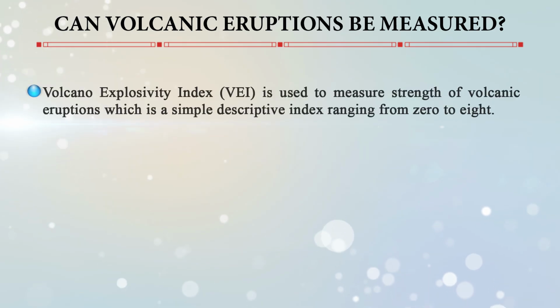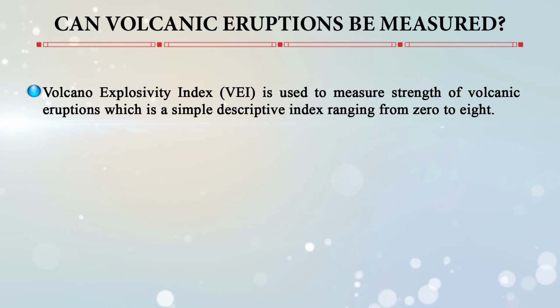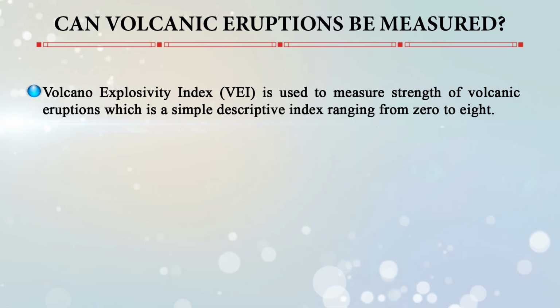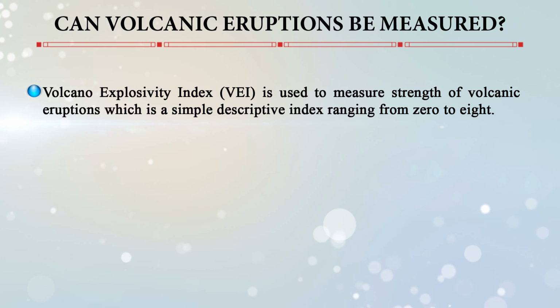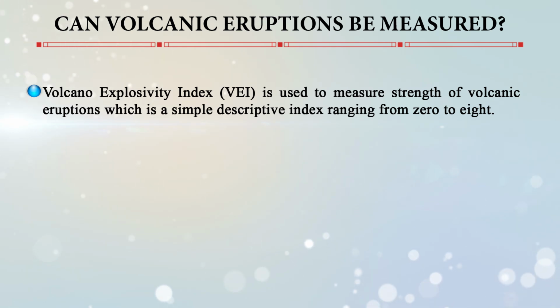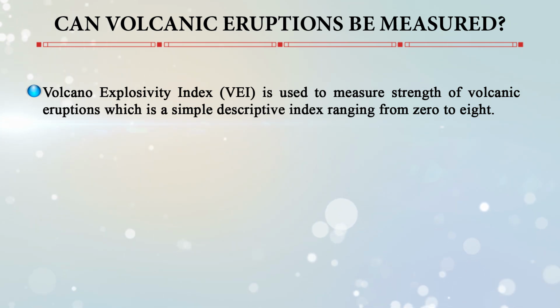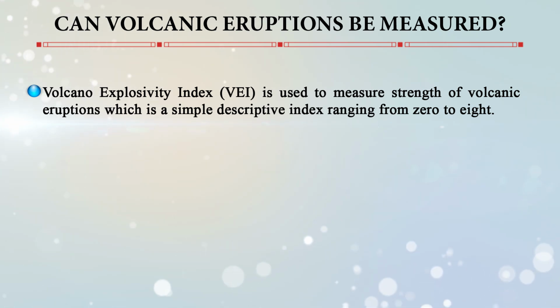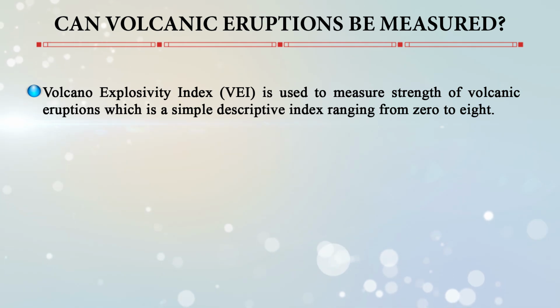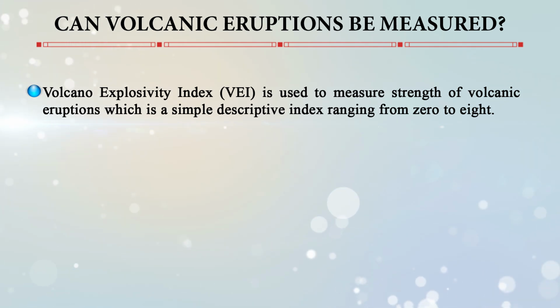Then can we measure the volcanic eruption, can we quantify them? There is a terminology which is called Volcano Explosivity Index, VEI, which is used to measure the strength of volcanic eruption, which is a simple descriptive index ranging from 0 to 8. That means we can classify the volcanic eruption on this VEI.